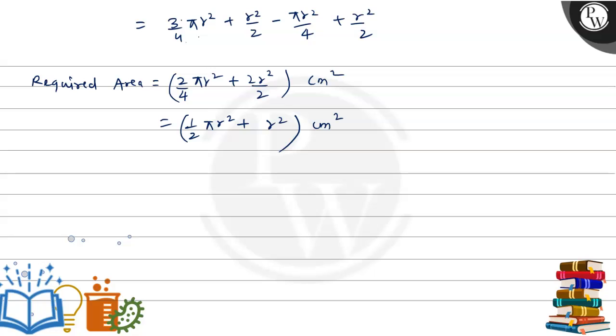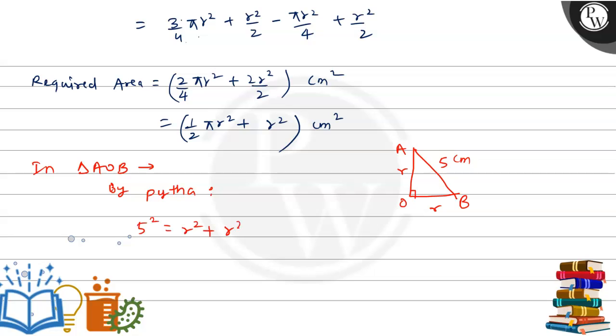Now we do not have the value of r, so we can calculate the value of r from triangle AOB. In triangle AOB we can apply Pythagoras, because the triangle looks like this. So this point is my B, this is A, this is my 90 degrees, and this is O. The chord given to us is 5 centimeters, and we assumed these sides as r and r. So by Pythagoras, we can say that hypotenuse square is equal to base square plus perpendicular square.